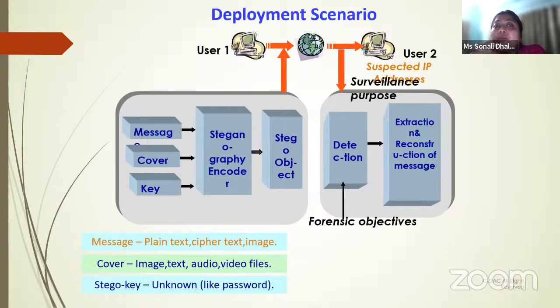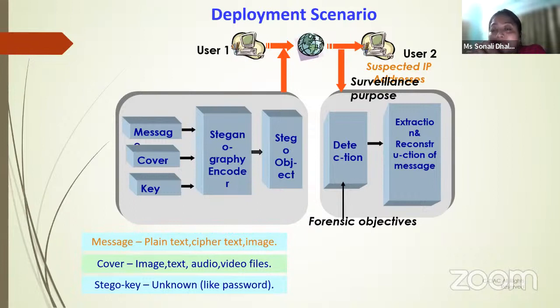But in between the communication from user 1 to user 2, if a law enforcement agency suspects something, they can eavesdrop, and here lies the role of the steganalyst. The steganalyst tries to detect whether anything is hidden or not.